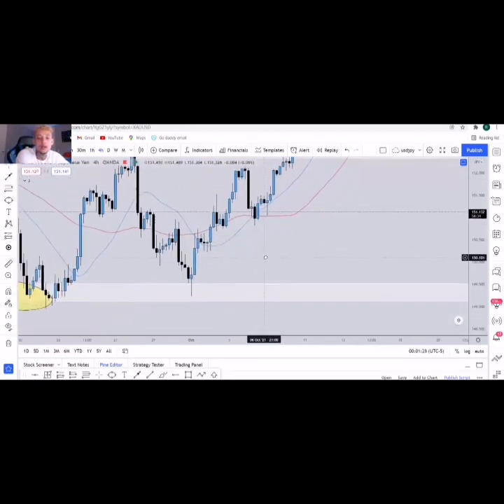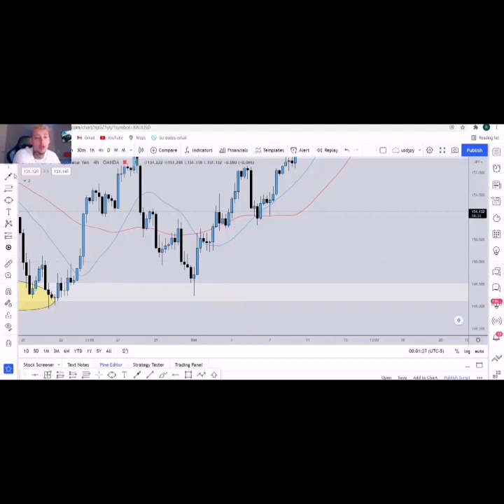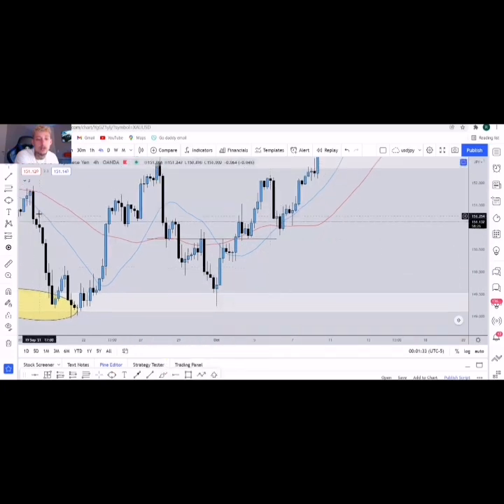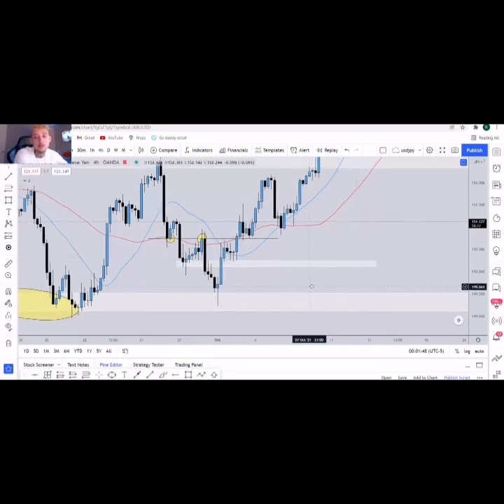Now, when it comes to the 4-hour time frame, what we could see is that here we have support and here we have resistance. So we have support, this is a 4-hour level. We have resistance. And let's just pretend we aren't here yet. What else can we spot? We also have a level of support and resistance here as well.